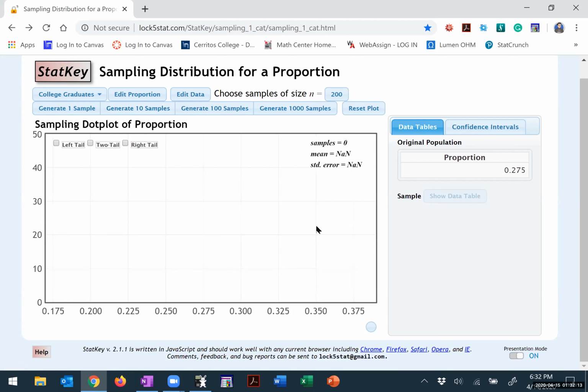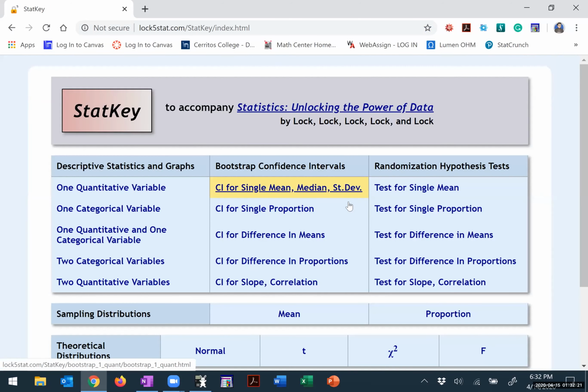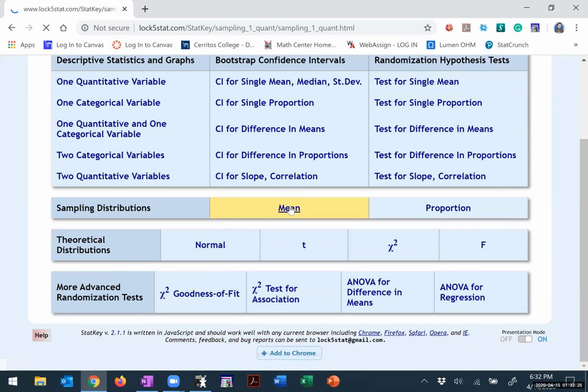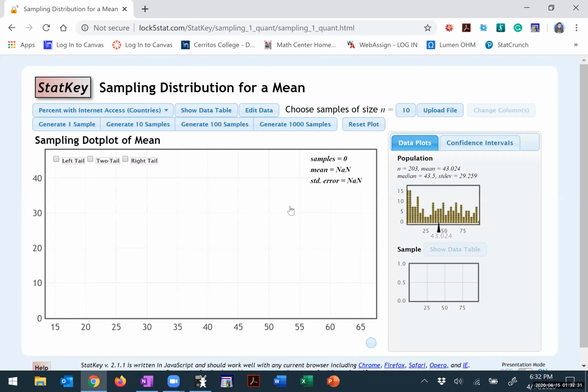I want a sampling distribution for mean, not proportion. There we go. Sampling distribution for a mean.